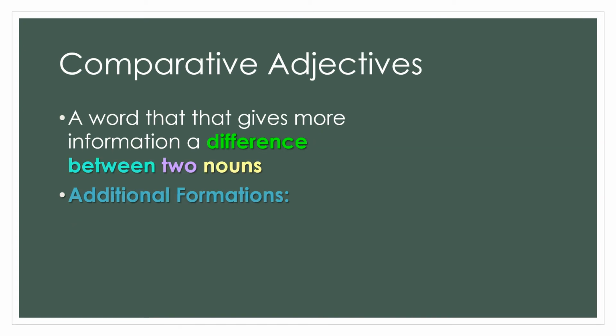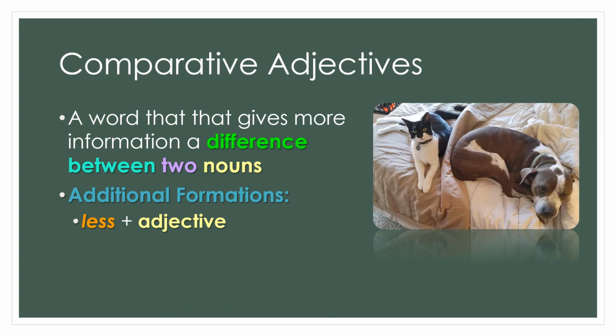There are two more ways that you can form comparative adjectives. You can use the word less plus the adjective. For example, Francis the cat is less big than Dost the dog.